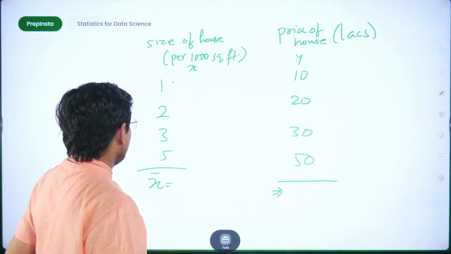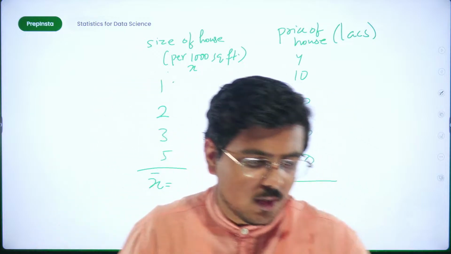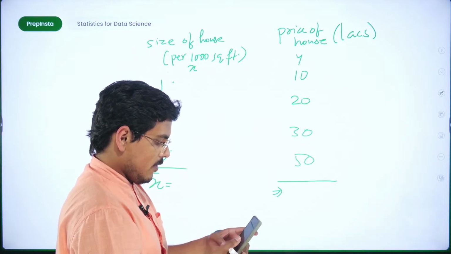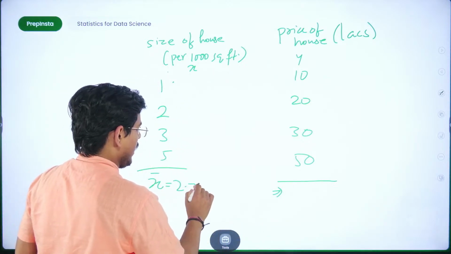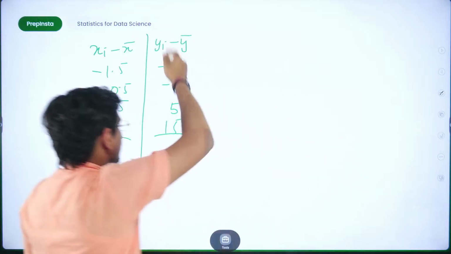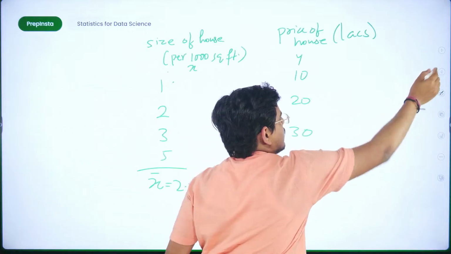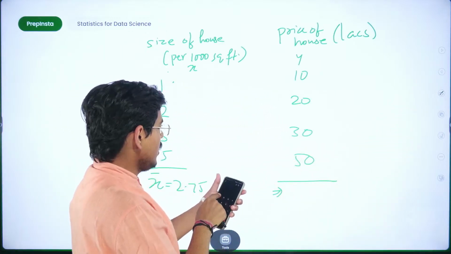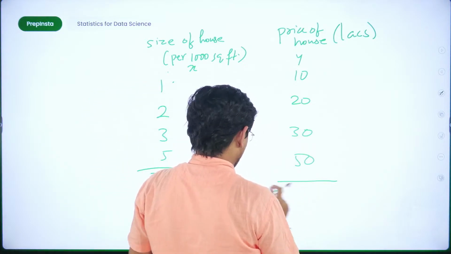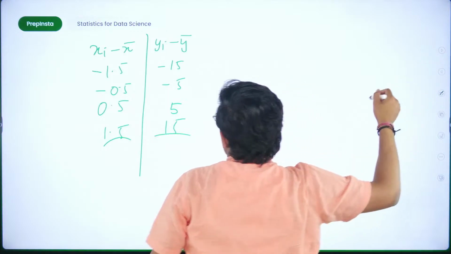So if I do that, what would it become? 5, 3, 8, 11. 11 divided by 4, so 2.75. Again, we'll have to change everything, because if I do the summation of all these, it would become 0. The whole point of understanding would fail. So let's take some better example. 50 plus 30 is 80 and 110. So this becomes 110 divided by 4, and that's 27.5. Fine. So let's do some better calculations.